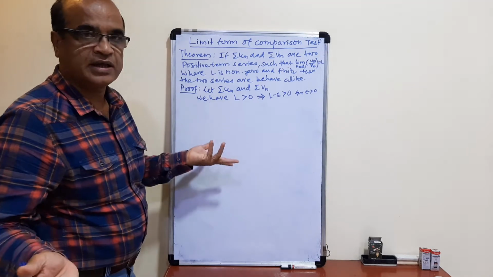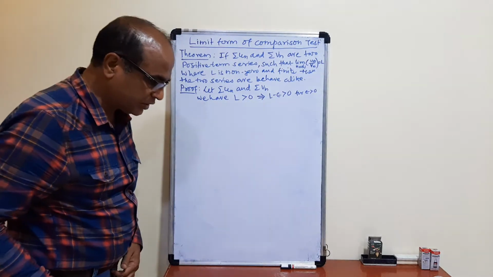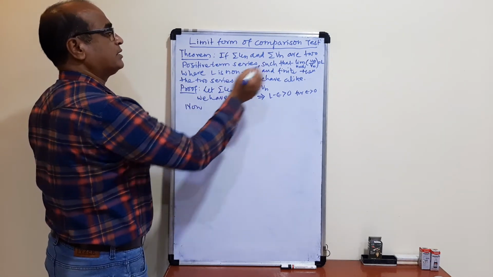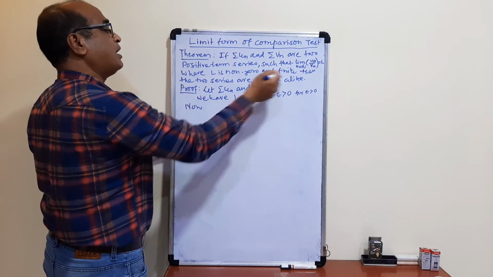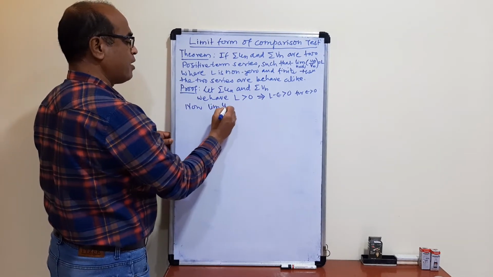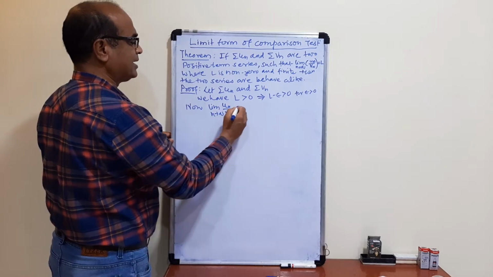If L is greater than 0, then certainly L minus epsilon is also greater than 0. That is given. Now we prove that they behave alike. The limit of un upon vn as n tends to infinity is L.